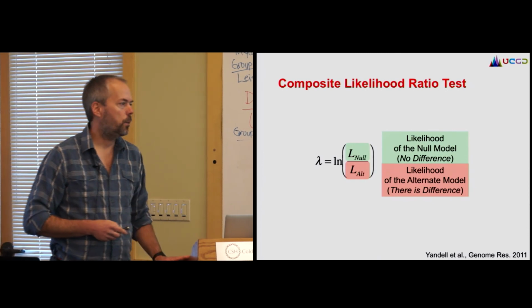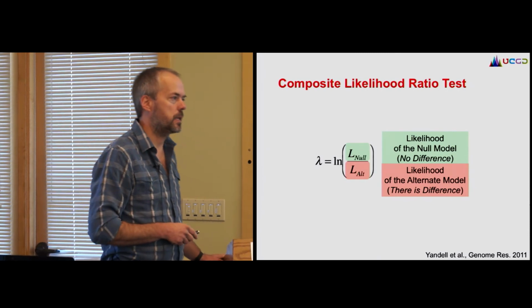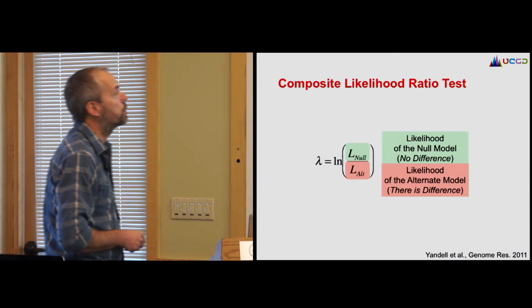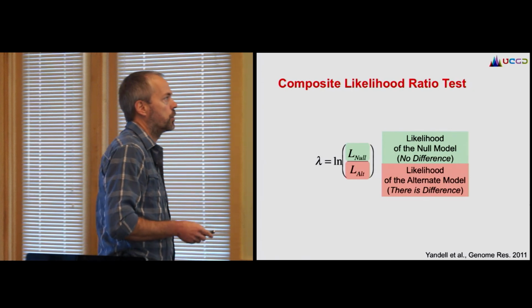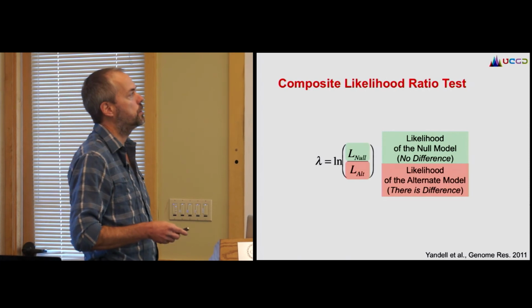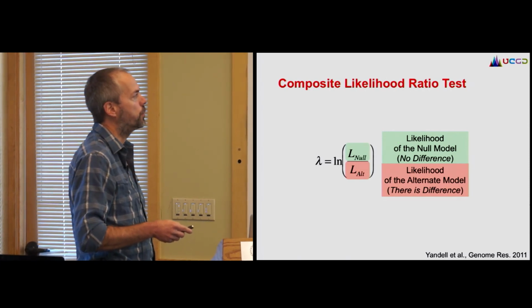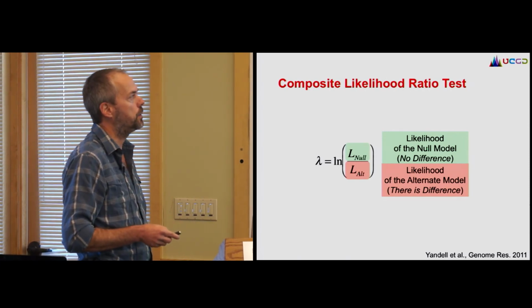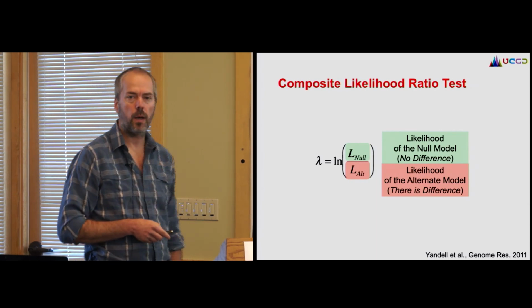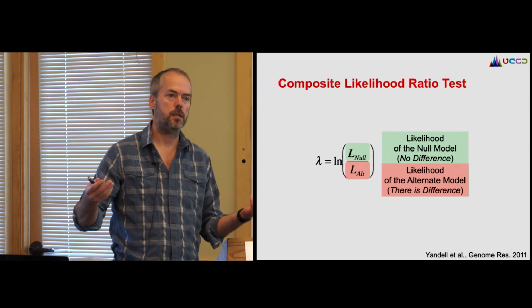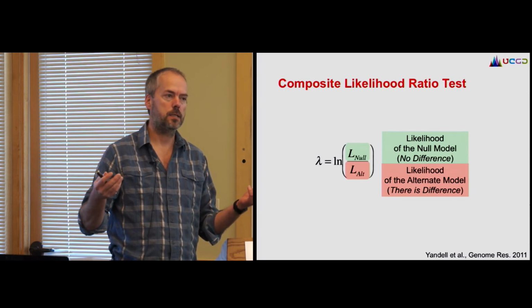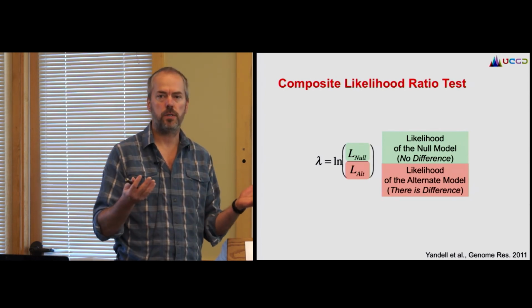So let's talk a little bit more about that likelihood ratio test that I just mentioned as the default mode. Basically, with the likelihood ratio test, we're getting a ratio of two different likelihoods. In the numerator, we're asking what is the likelihood of the null model, and the null model here is that we have a set of healthy genomes and we have a set of affected disease genomes, and the null model is that there's really no difference between those two sets.